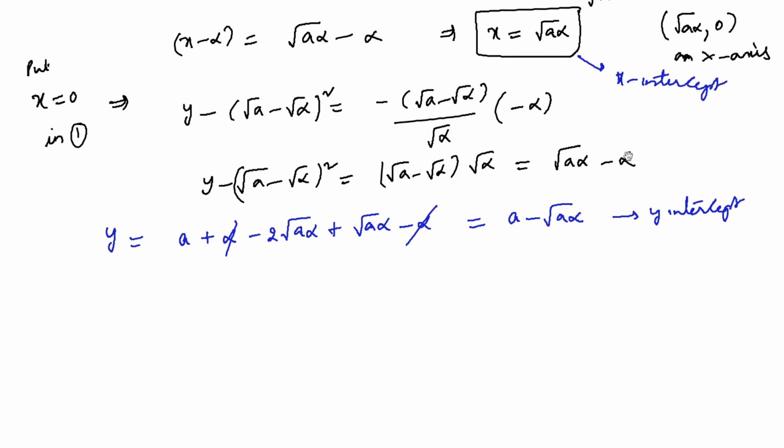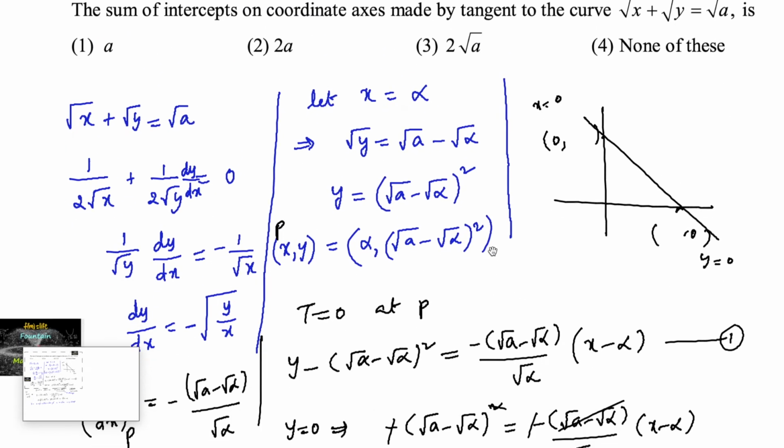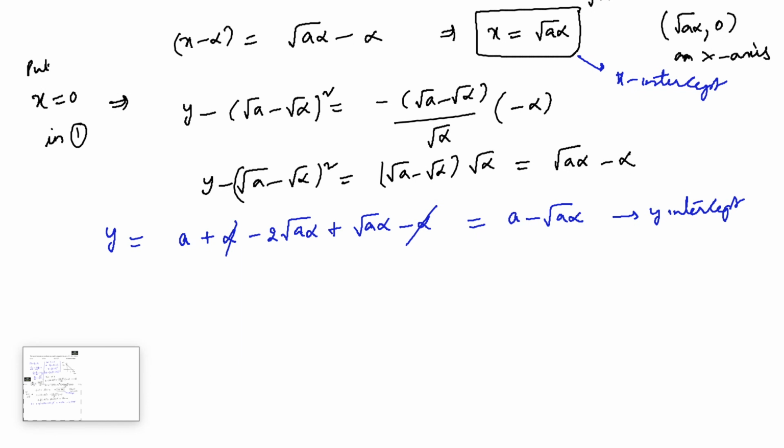And our question is to find the sum of the intercepts on coordinate axis. So sum of intercepts, say this is y-intercept is equal to b and this is x-intercept is a. So we need to find the intercepts like a plus b. Okay, already a is given, so let's not use this.